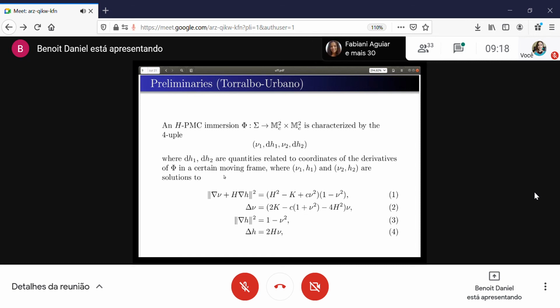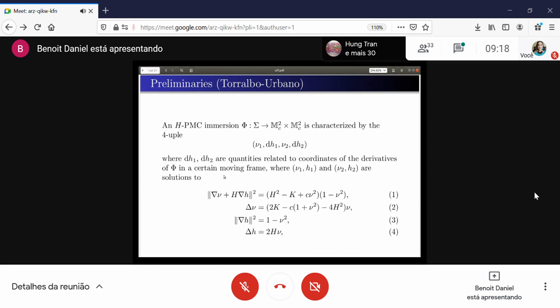If I have an H-PMC immersion like this, I can consider the functions ν₁ and ν₂, and also the quantities which I call dH₁ and dH₂. Roughly speaking, this is related to moving frames. When we look at immersions like this, there is a classical technique of moving frames, looking at Frenet type equations.